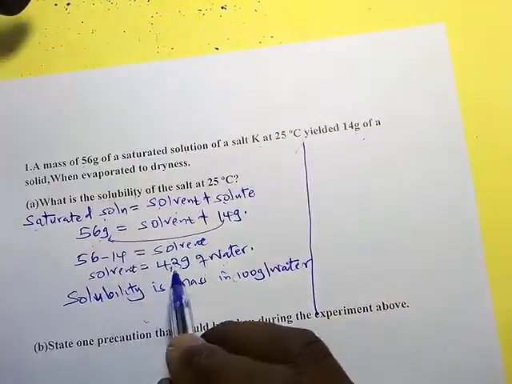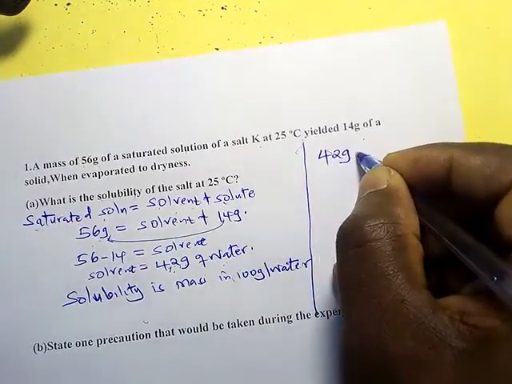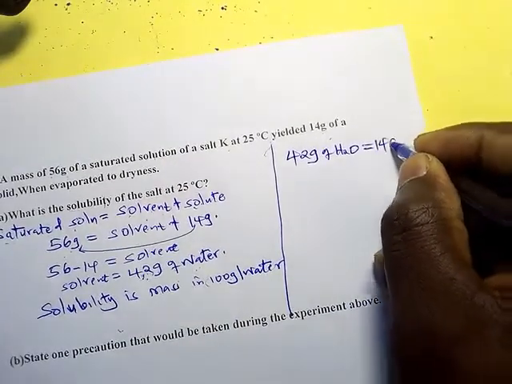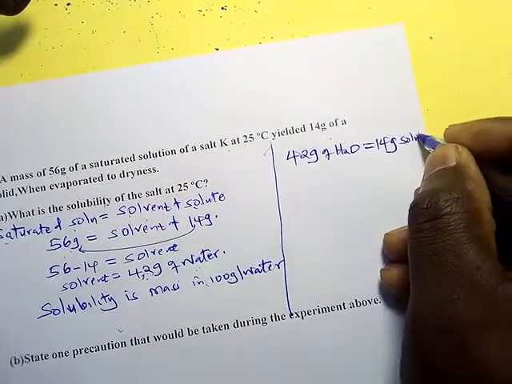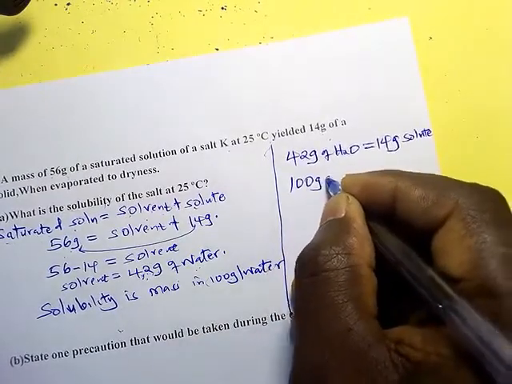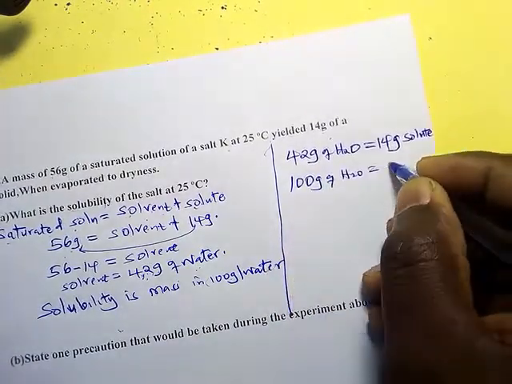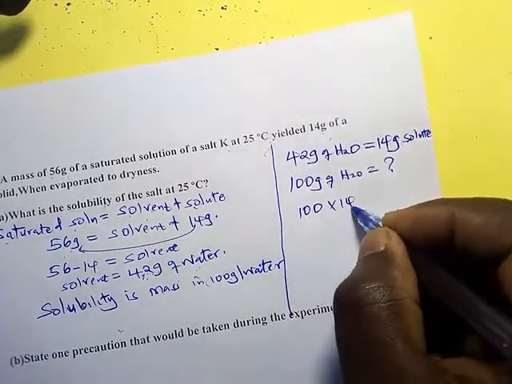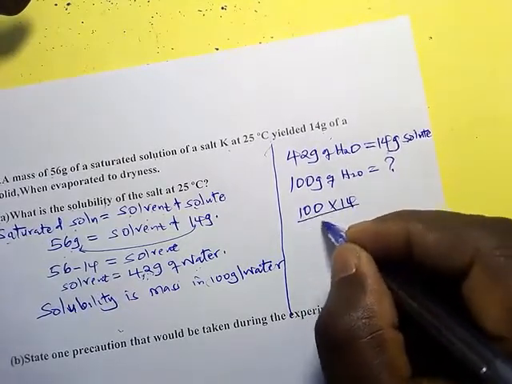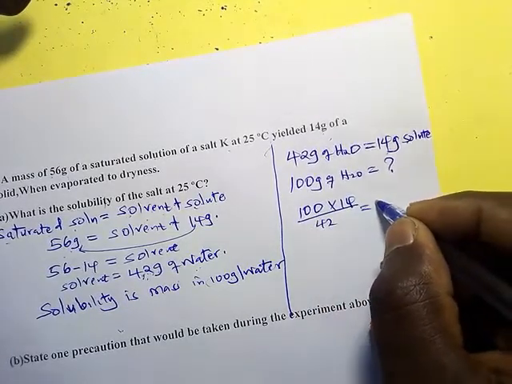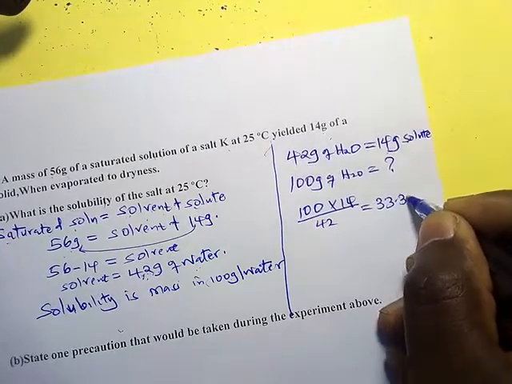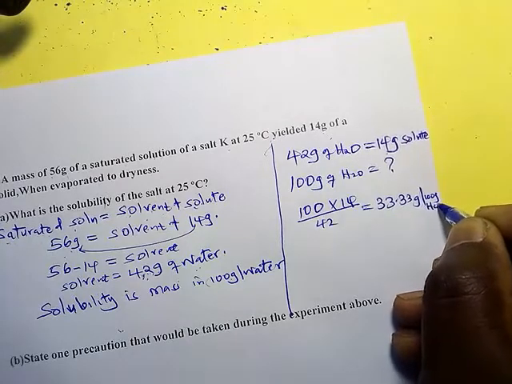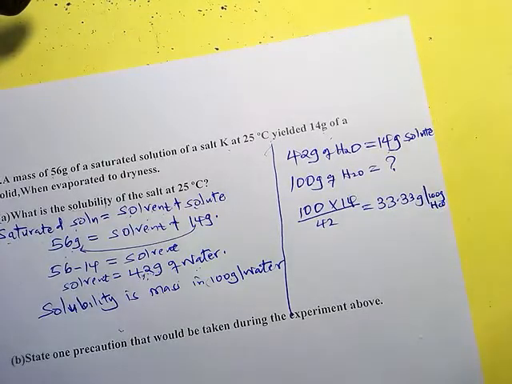So we know that 42 grams of water dissolved 14 grams of the solute. 100 grams of water will contain what amount of the solute? It is 100 times 14 divided by 42, and it will give us 33.33 grams per 100 grams of water. And that is the solubility.